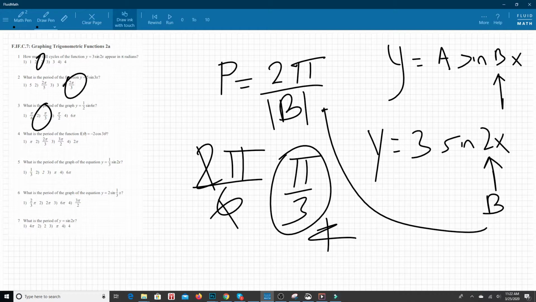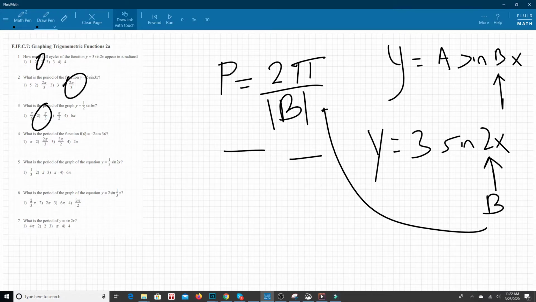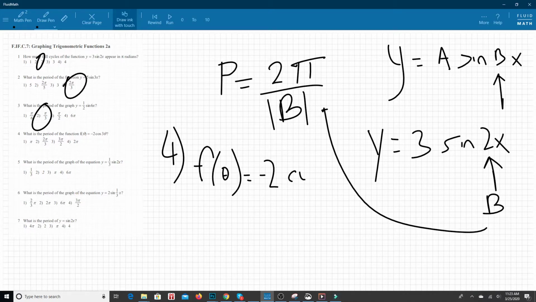Question 4 states, what is the period of the function f(θ) equals -2 cosine 3θ?